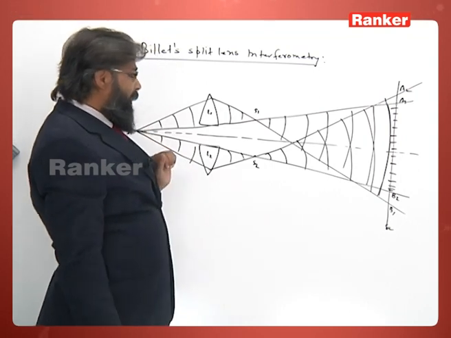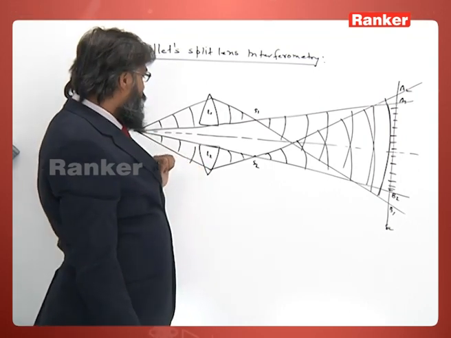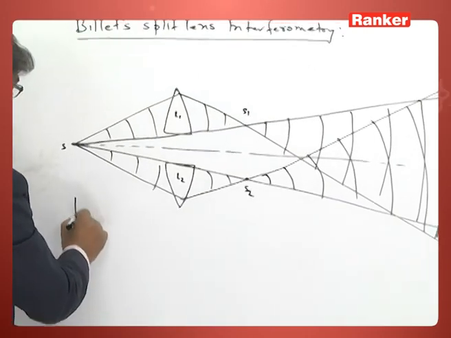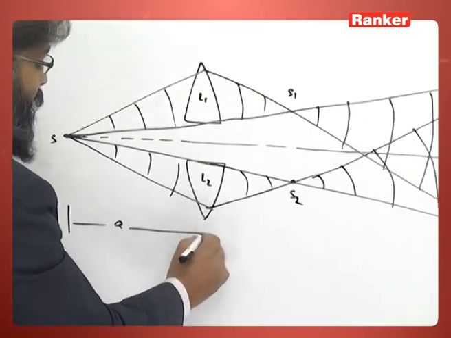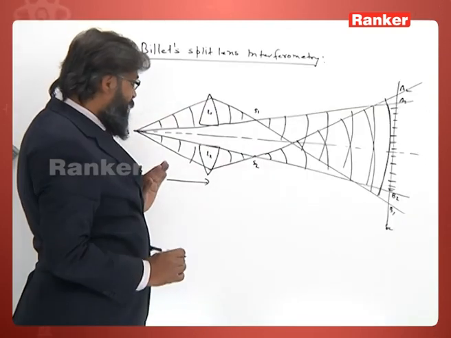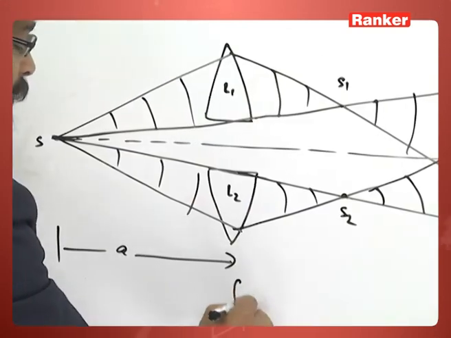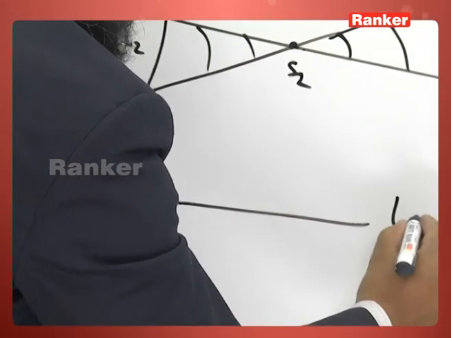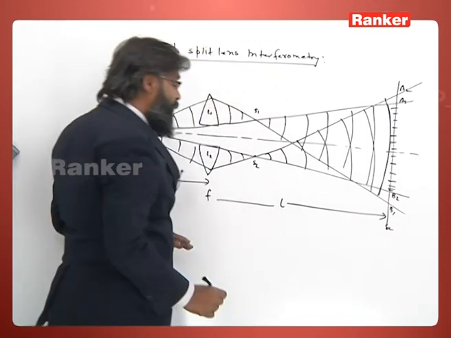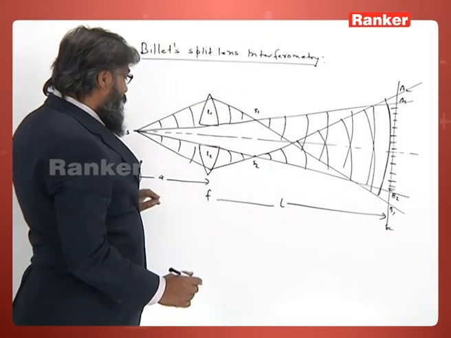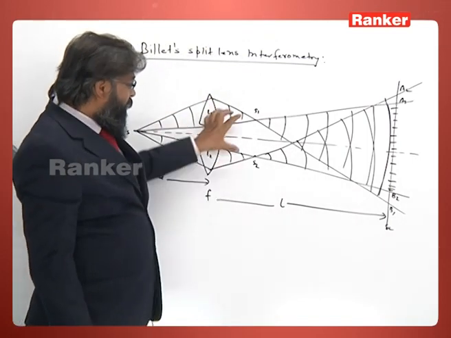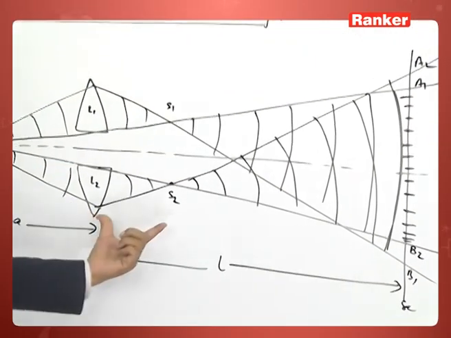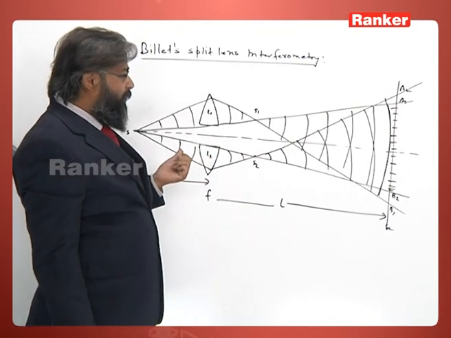So, in order to calculate fringe width here, we require the positions of S1 and S2. What things do I require? I must be given the object distance, the focal length of the lens, and this distance, suppose L or B, anything we can assume, and we have to calculate S1 S2 by geometrical optics, and this distance also by geometrical optics.